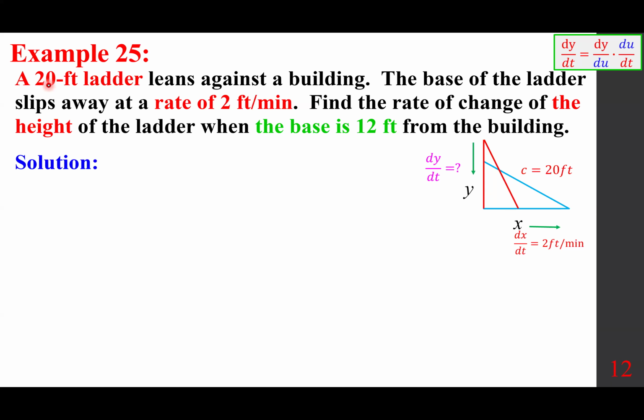So it uses the Pythagorean theorem that says a squared plus b squared equals c squared. In this case it is x squared plus y squared equals c squared, or 20 squared. dx/dt is 2 feet per minute. dy/dt we are interested in when the base x is 12 feet.